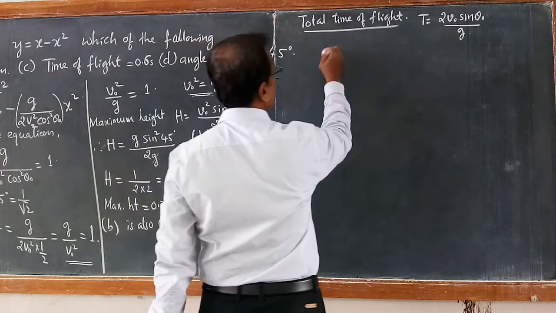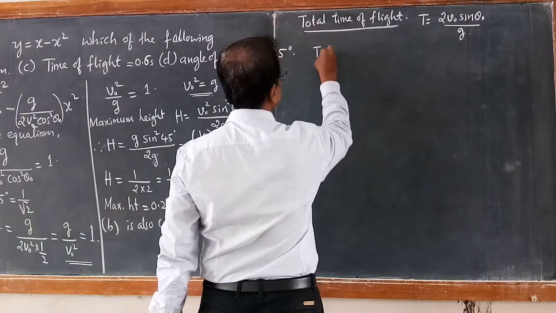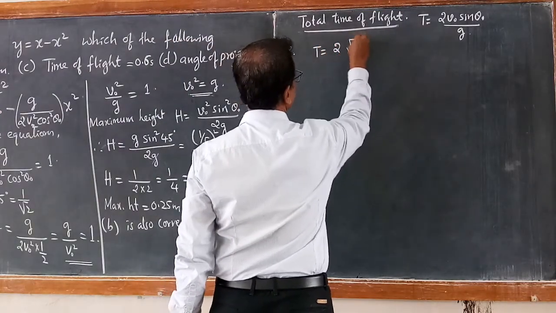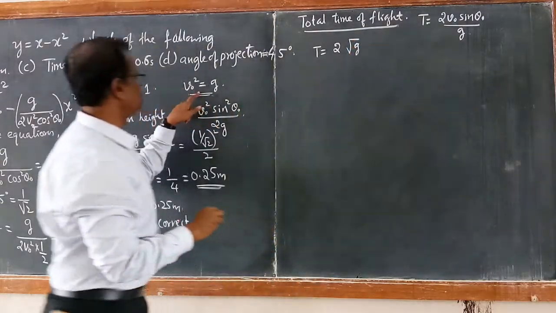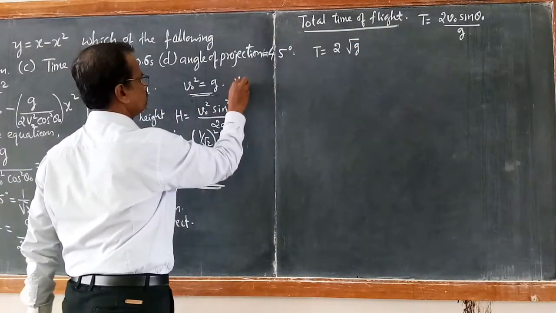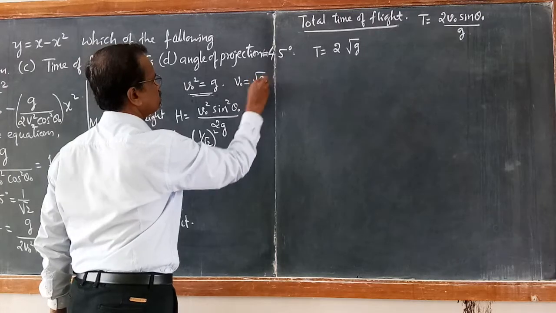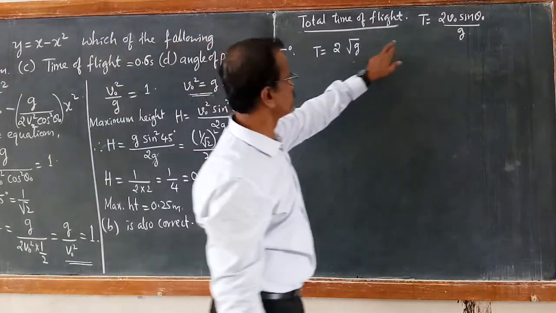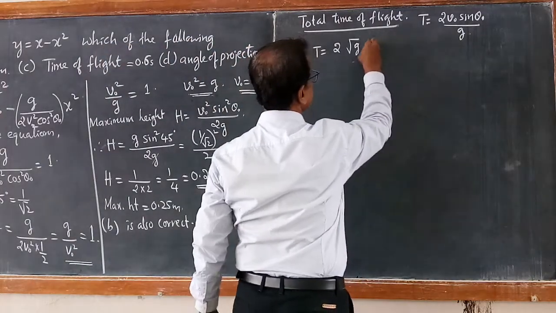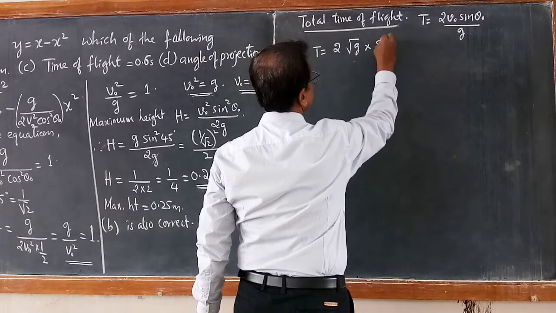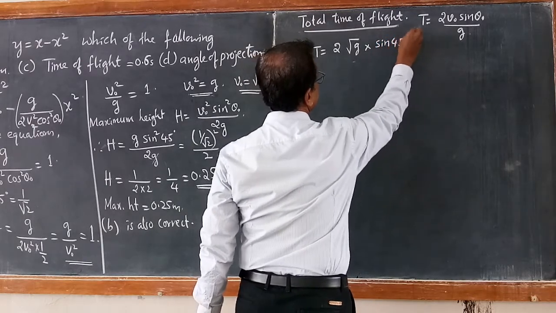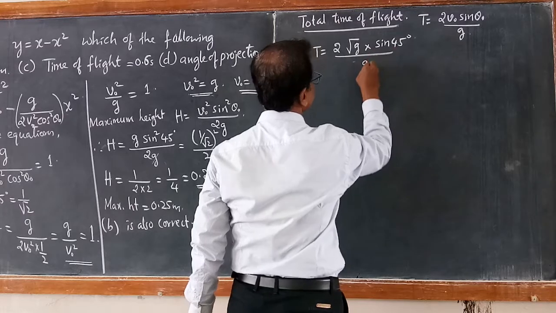So therefore, t is equal to 2 into square root of g, because from this we can write V naught is equal to square root of g. So just substitute square root of g into sin 45. Sin 45 is again 1 by root 2 divided by g.